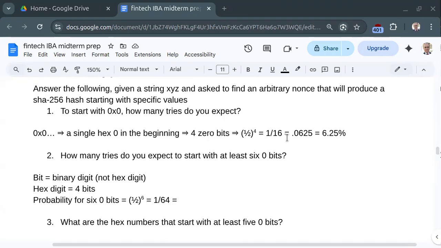That's 1.5625%. The probability of 4 zero bits was 6.25%; the probability of 6 zero bits is 1/4 of that, which is 1.5625%.